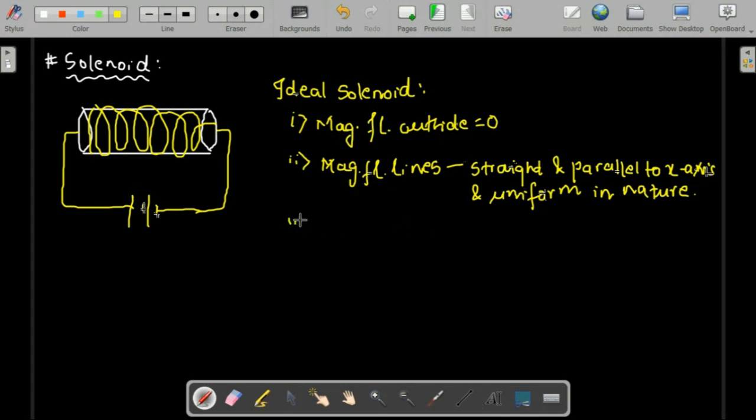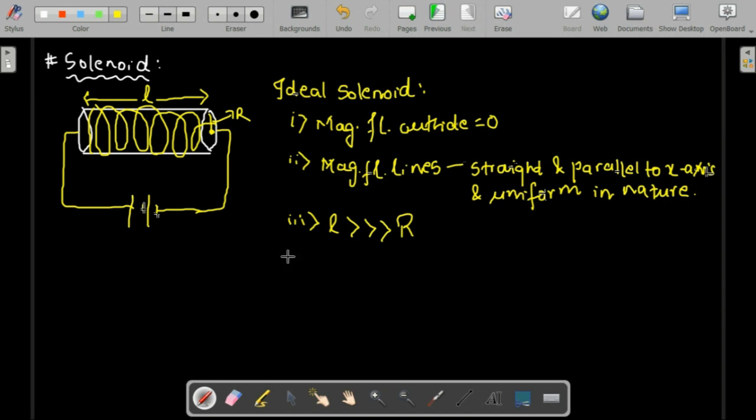Number three, the length of the solenoid. This is the length of the solenoid, very important. And this is the radius of the solenoid, let's say r. But the length of the solenoid is always very large compared to the radius of the solenoid.